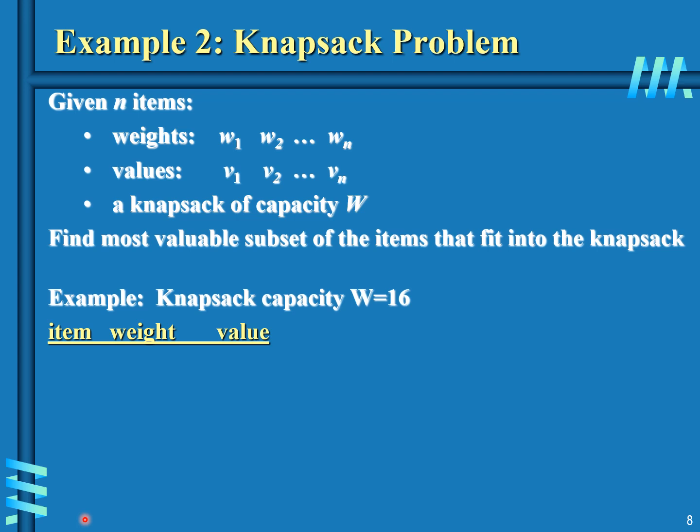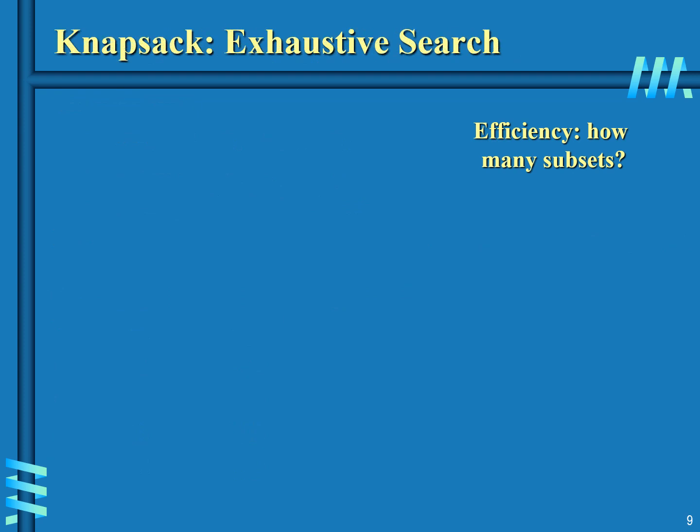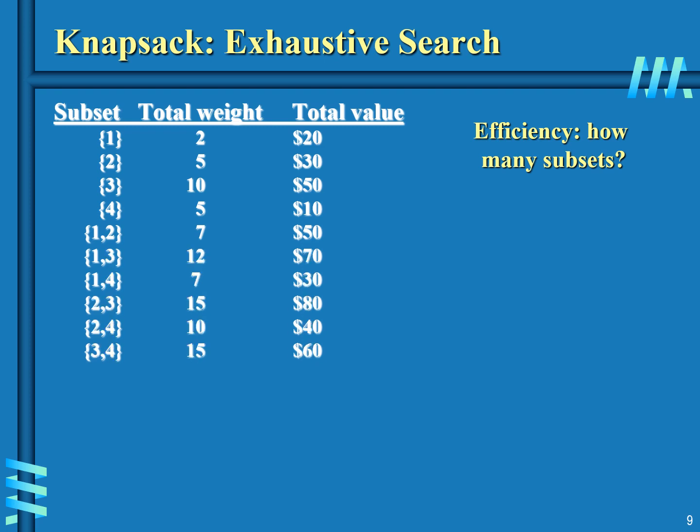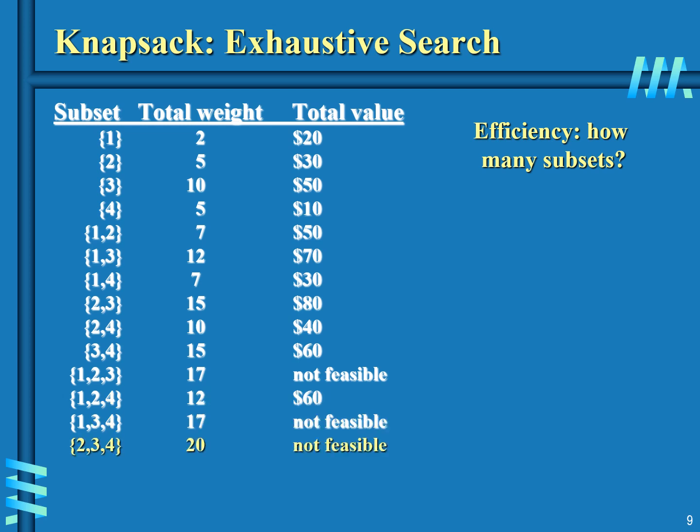For example, the knapsack capacity is 16 and there are 4 items along with their weights and values. We are supposed to solve this problem using the exhaustive search technique, which says you generate all the subsets, and among them select the one which satisfies the constraint and the objective.